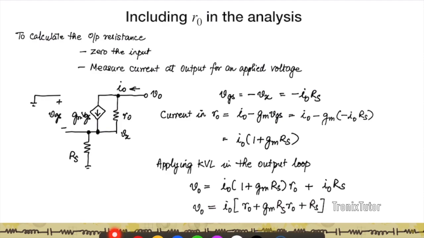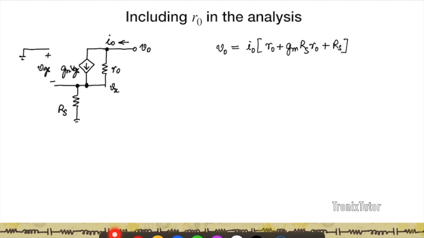Or in other words, the equivalent resistance of this circuit becomes R0 plus gmRS R0 plus RS. Now this is an important term to keep in mind because this tells you what the effective resistance is if you're looking at a resistor through a transistor.